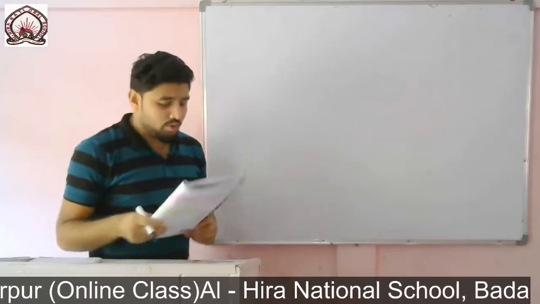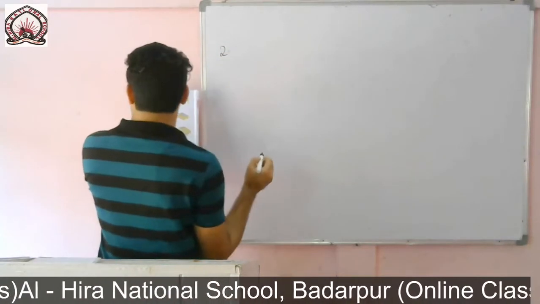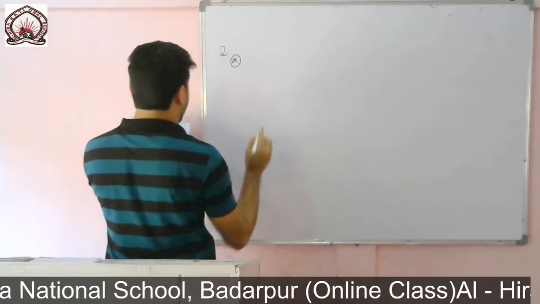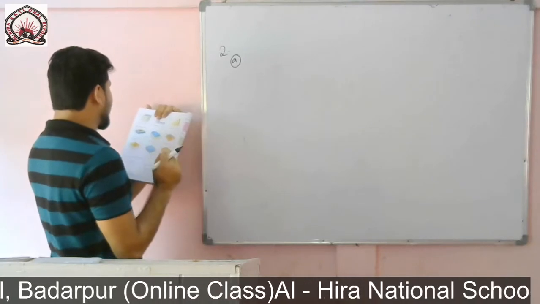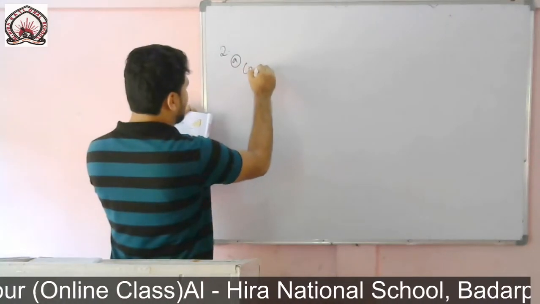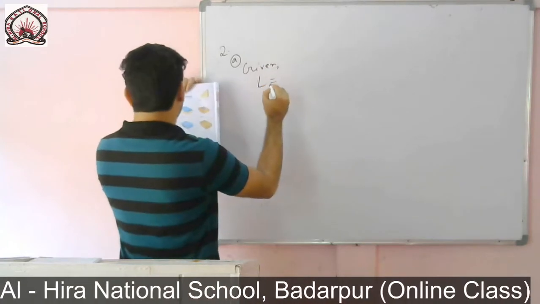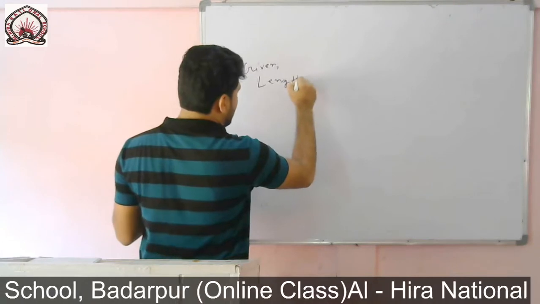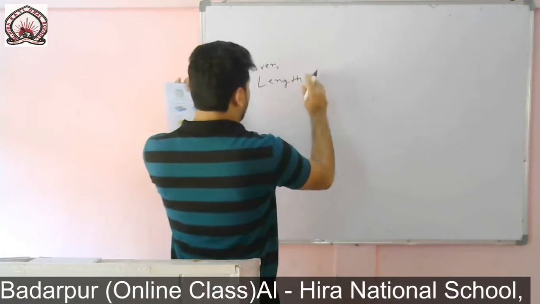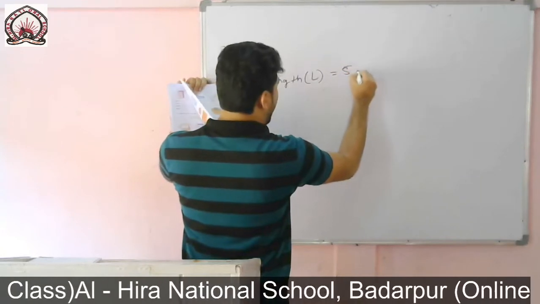You see number 2. Number 2 is a matchbox. Okay, having length 5 centimeter. Okay, so write given length L. L equals to what? You can write length in bracket, you can write L equals to 5 centimeter.